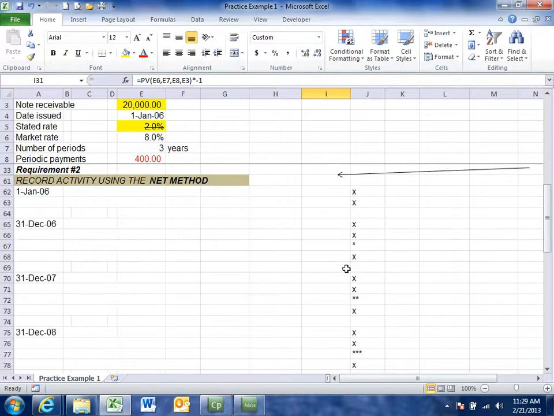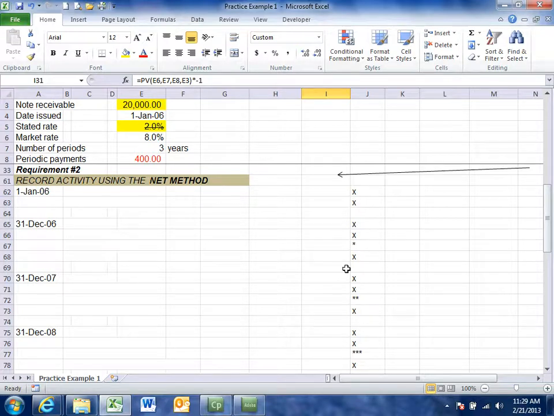So now let's take a look at the net method and discuss the journal entries that are required under the net method. The first entry is to record the acceptance of this note receivable. Again, we did work for someone. Instead of us invoicing them or them paying us cash, we decided to accept a $20,000 note in return for services rendered. The present value of that was 16,907.